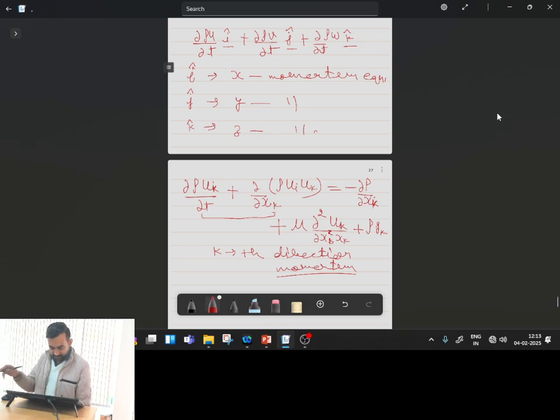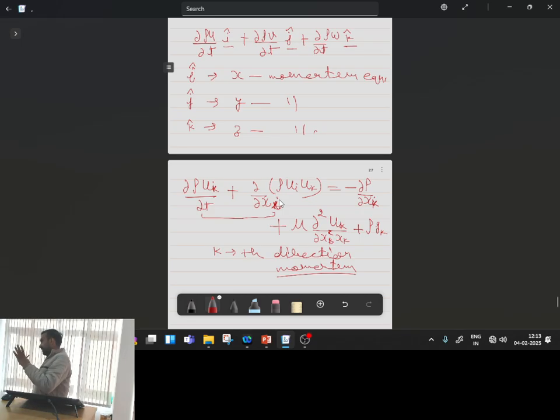Yes, this is the mistake, it should be i only. Why will this be i? Because whenever we write mass flow rate coming from all the directions we have to account for it, but its velocity has to be only in which direction? Kth direction. Is this one clear?